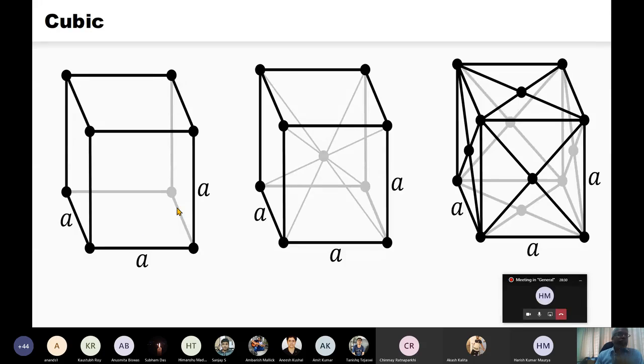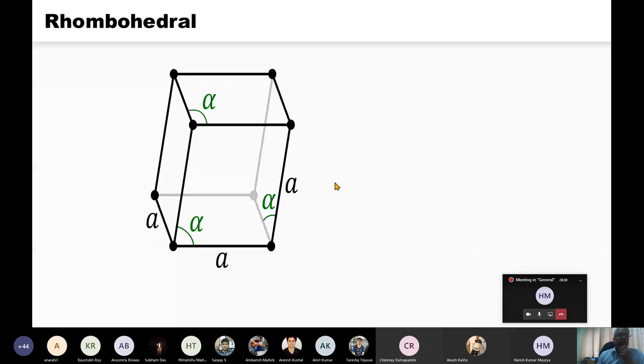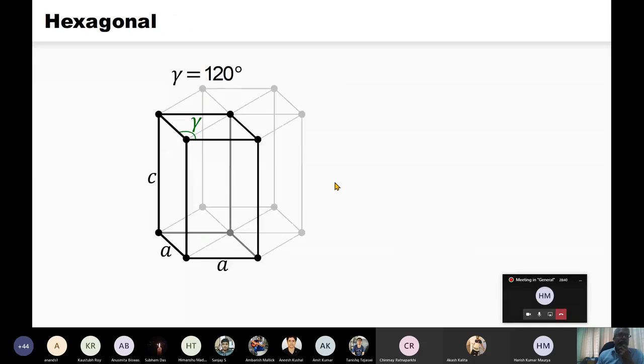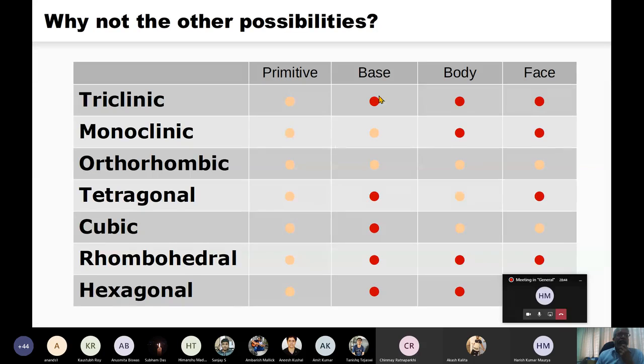In a similar fashion, you should be able to convince yourself that any of these other possibilities would not work. Rhombohedral, there is only one version, and hexagonal, there is only one version. And so here are these things in red, which correspond to all these other kinds of lattices that one could generate, but they don't work.